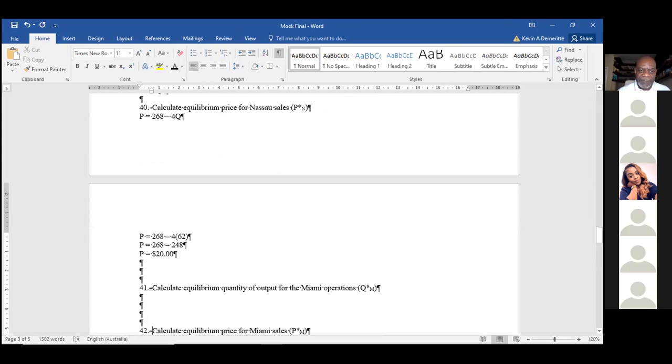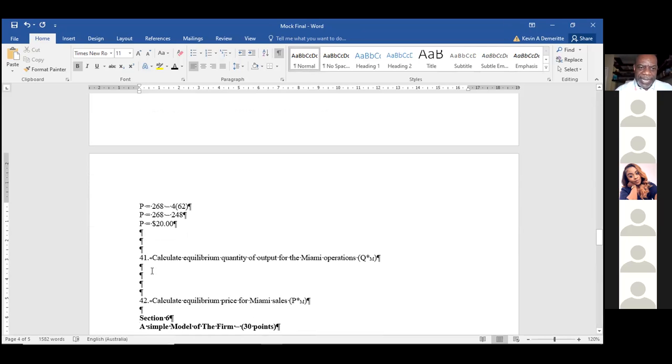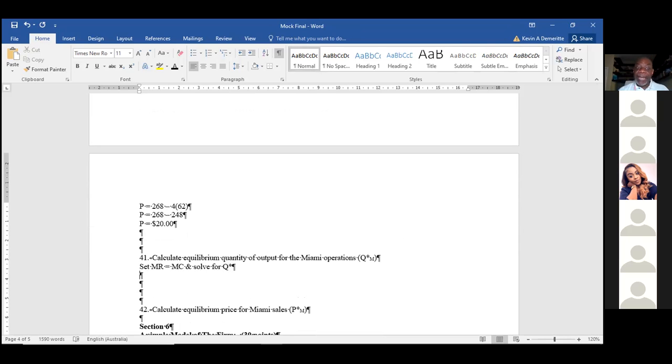So doing the same thing for the Miami operations, the first thing is to define Q star. We need to set marginal revenue equal to marginal cost and solve for Q star. But this is the Miami Q star we're solving for, because we already solved the other one.